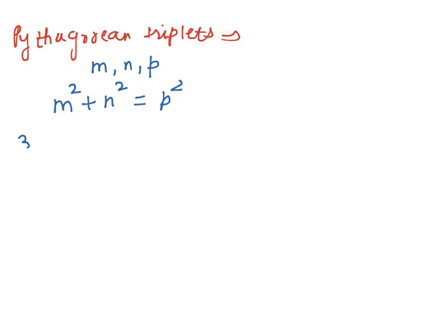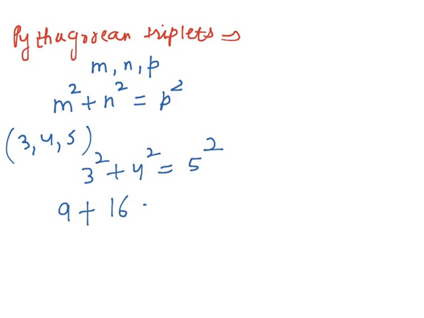For example, if we have 3, 4, 5, they are Pythagorean triplets only if 3 square plus 4 square equals 5 square. And this is true in that case, as 3 square will give us 9, 4 square will be 16 and 5 square will be 25. And if we add 16 plus 9, it will give us 25. So it means 3, 4 and 5 are the Pythagorean triplets.